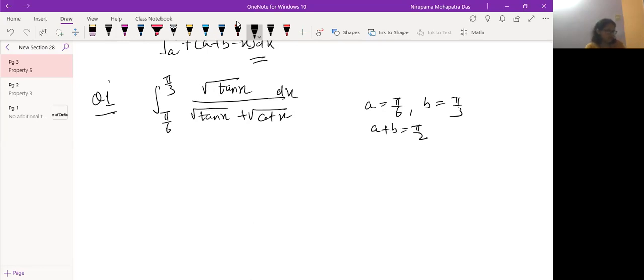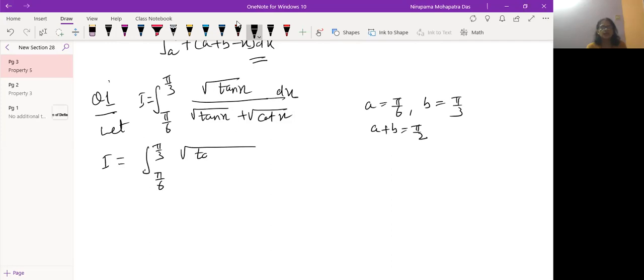So we can apply this property. Let I equal this. Now I equals the integral from pi by 6 to pi by 3, and f of a plus b minus x means only x will be replaced.